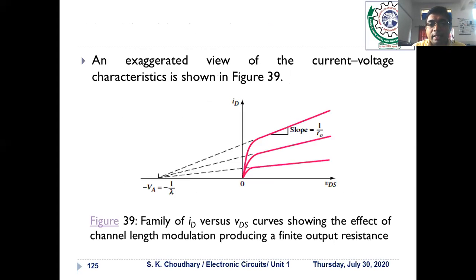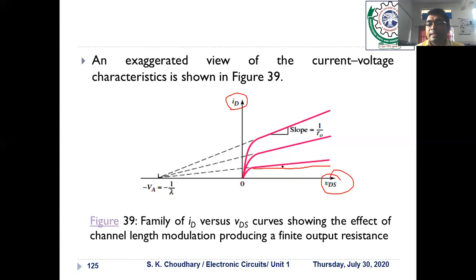This is the diagram. In figure 39 we can see the actual MOSFET ID versus VDS curve. Here you can see that after this bend we consider the saturation region, and this is the actual or practical current and voltage relationship. Instead of a parallel line or flat curve, there is some slope in practical cases.